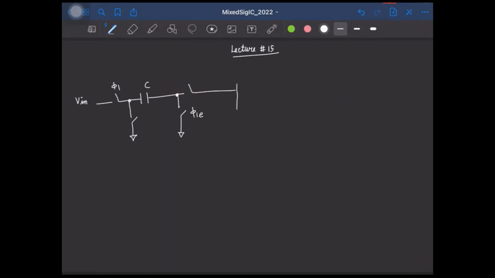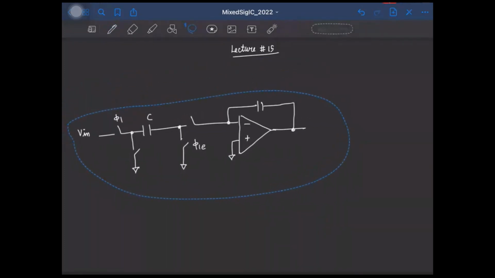We do that by connecting it to an infinite capacitor, which is emulated using an OpAmp with negative feedback. And these two plates of this capacitor CS will also be reset during the phase φ1.